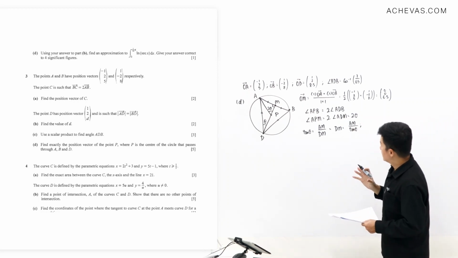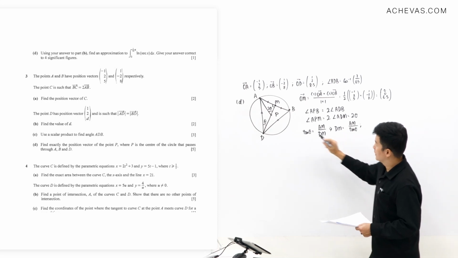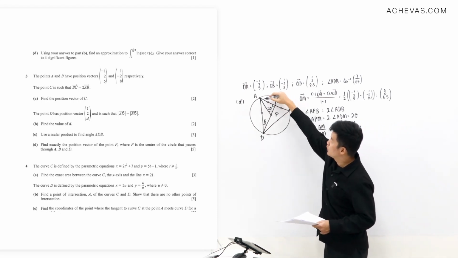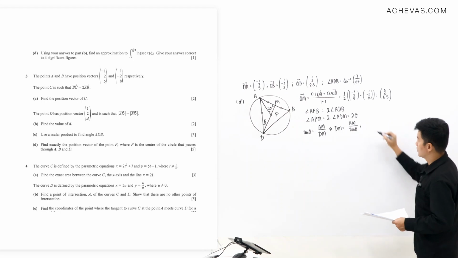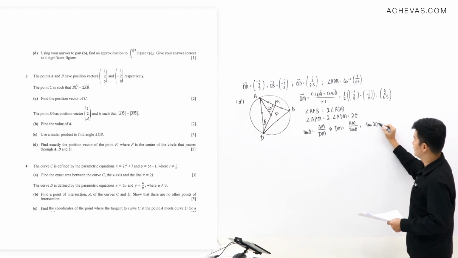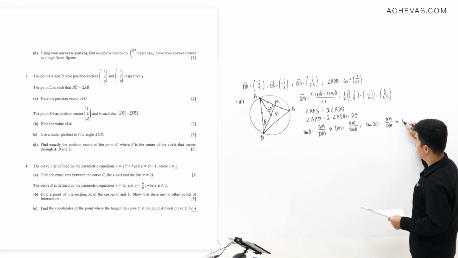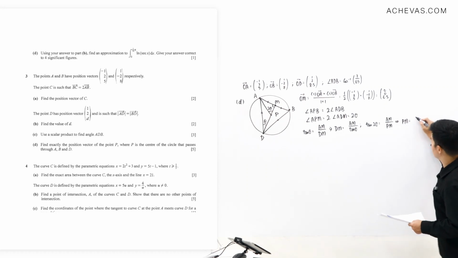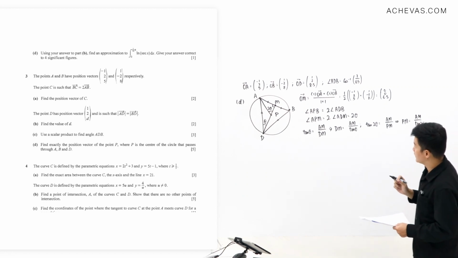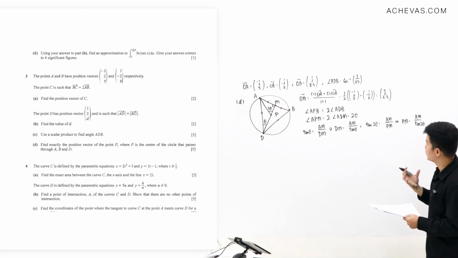I'm going to do something similar to this triangle also, and I want to quote also this AM. So tangent 2 theta is going to be opposite, which is again AM, divided by the adjacent. The adjacent is PM. So this tells us that PM is going to be equal to AM over tangent 2 theta. And this is good because we can then try to find ratios.